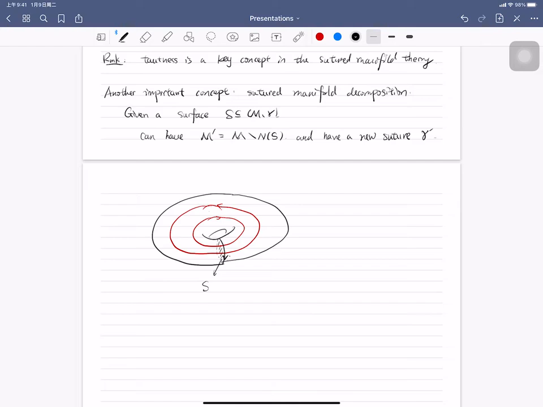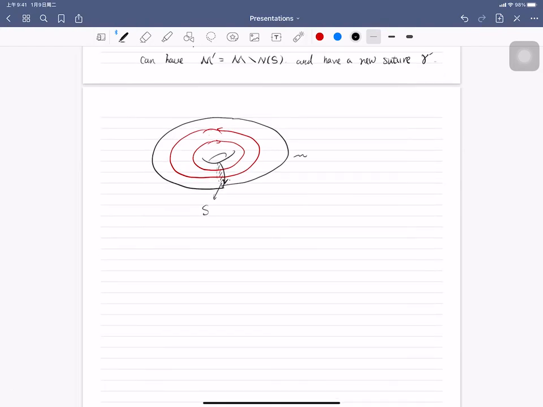And so, given the surface, we can decompose the suture manifold. The three manifold is just obtained by decomposing the original three manifold along the surface. And now we have the suture.